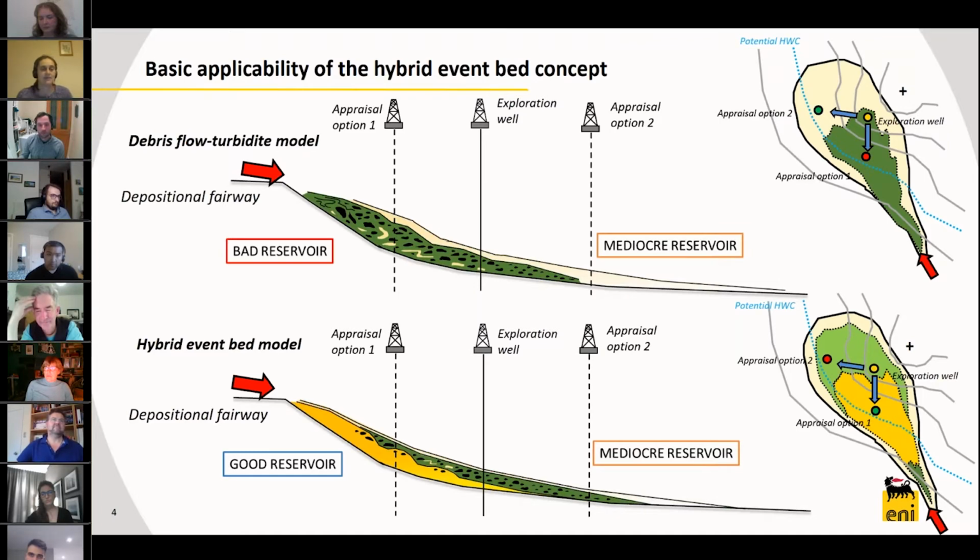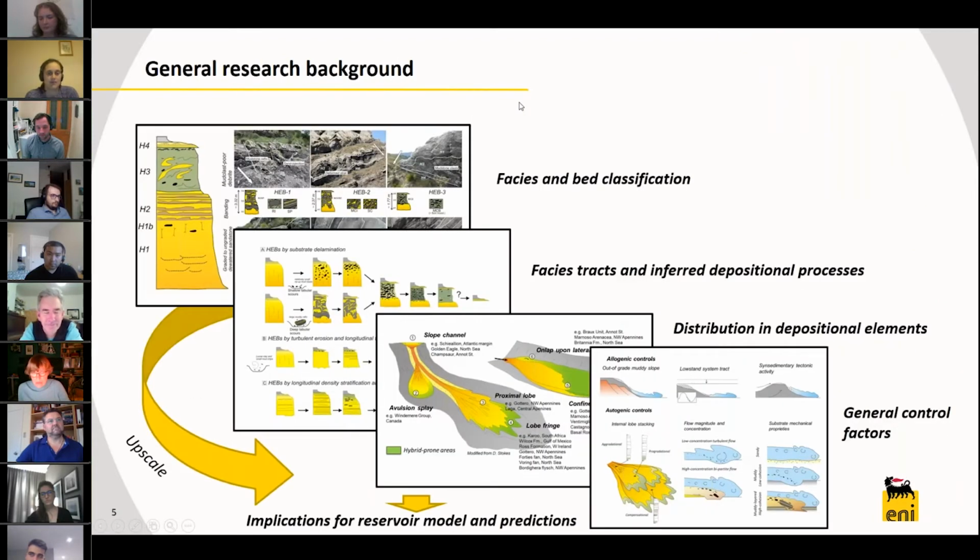Event beds are becoming more and more complex, and I will try to show you why. During my PhD, I tried to look at hybrid beds and the entire problem in a very wide way, always with an outcrop and fieldwork approach, but looking at the problem at different scales.